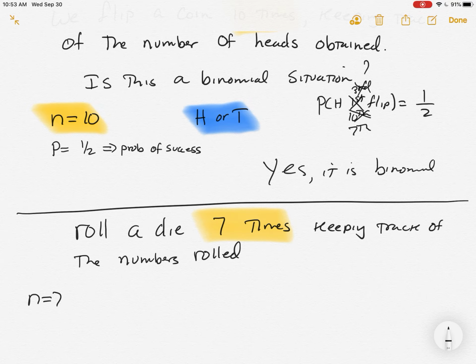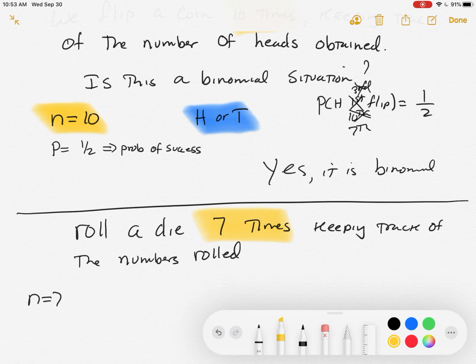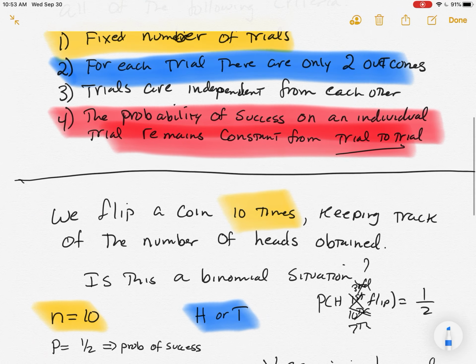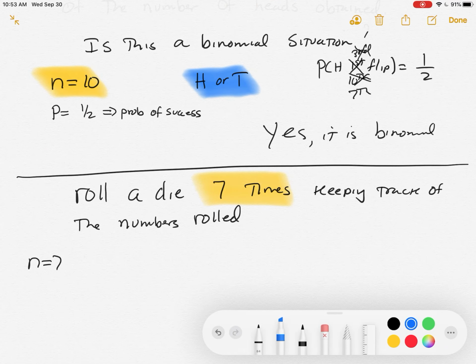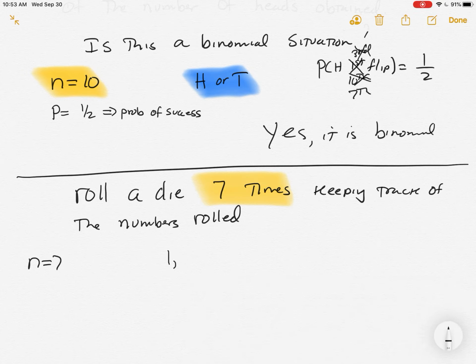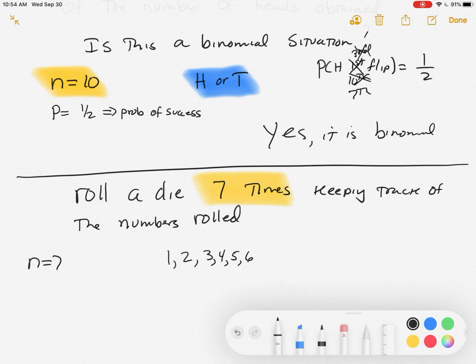Now, let's ask the second question. The second question is the blue question. For each trial there are only 2 outcomes. Well, as you roll a die, what are the possible outcomes? 1, 2, 3, 4, 5, 6.